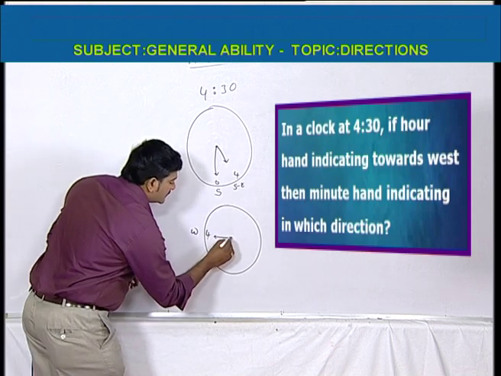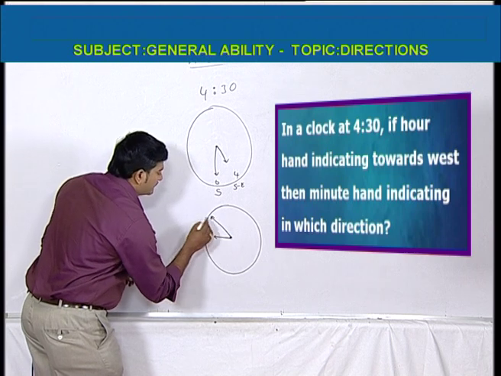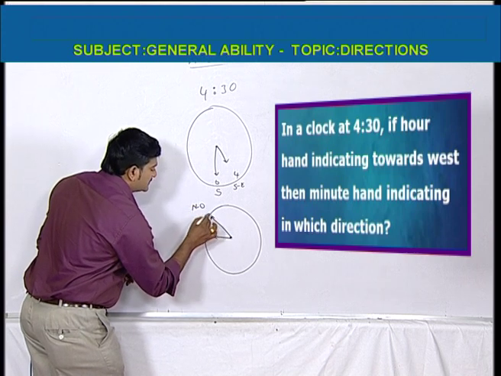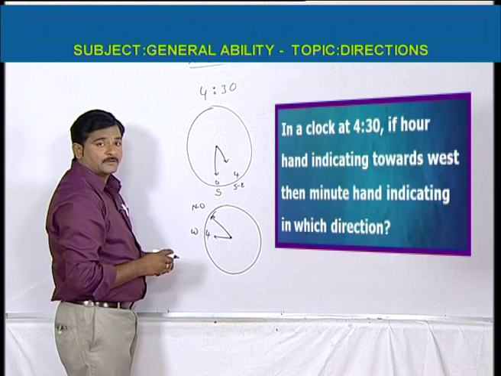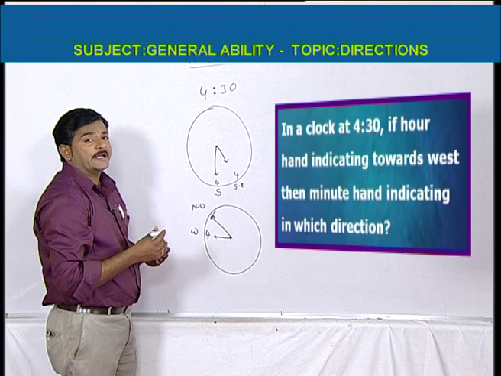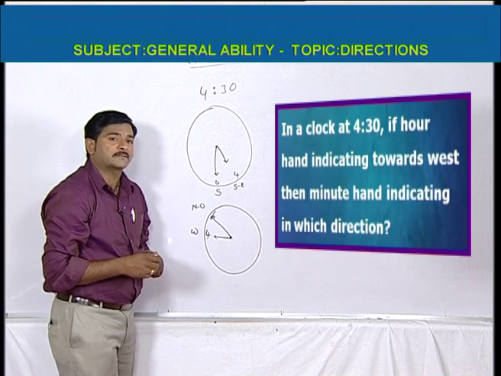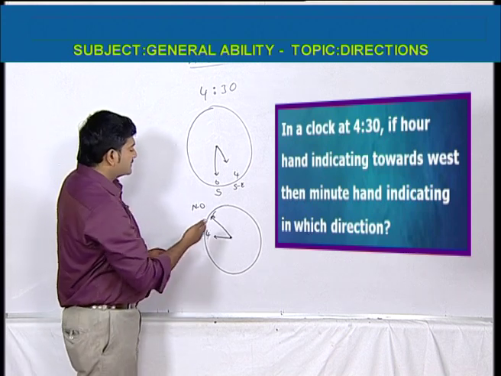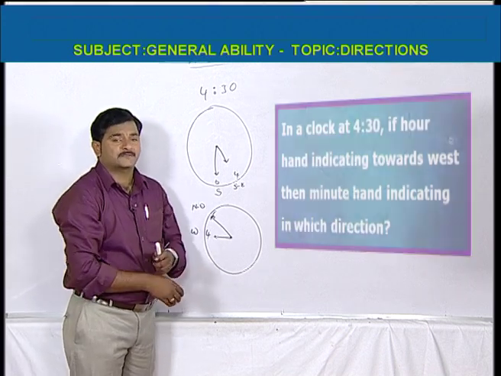Then obviously the minute hand is indicating northwest direction. Here you will get 6. So we simply rotate, or else by taking the directions angle concept we can also say it. Hence the answer for this question is northwest. Thank you.